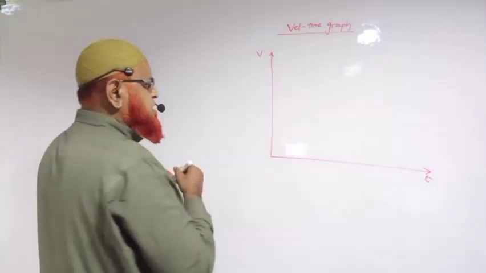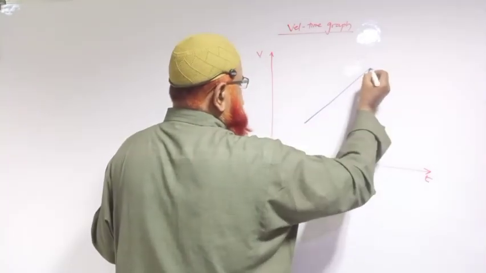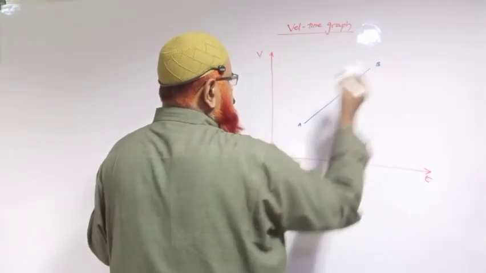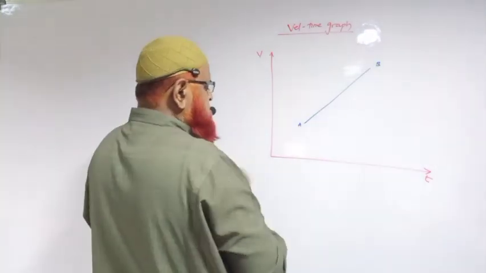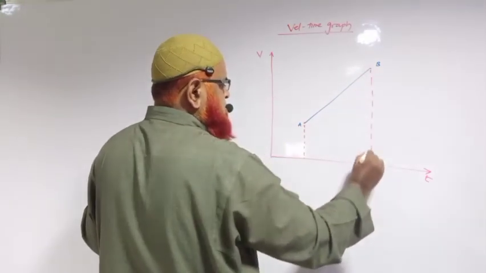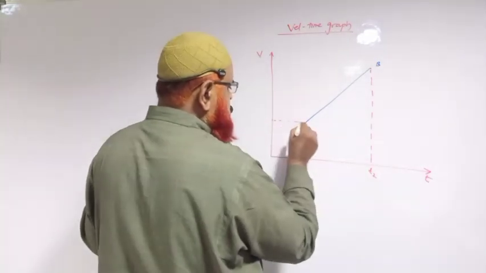So now what I am going to do here is draw a graph like this. Starting position, let us imagine it is A, ending position is B. Now I am drawing dots here. This is imagined to be T1, this is imagined to be T2.